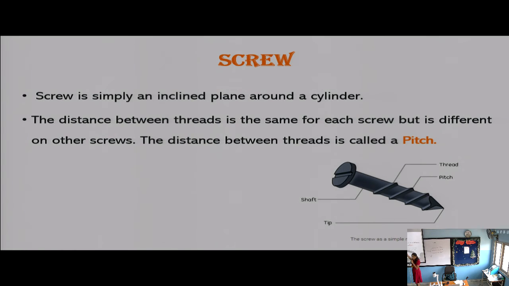What is this called? Shaft. And this pointed end is called tip. T-I-P, tip.